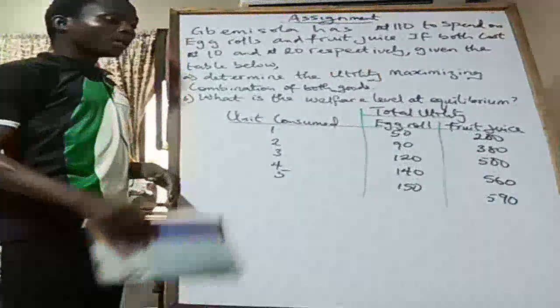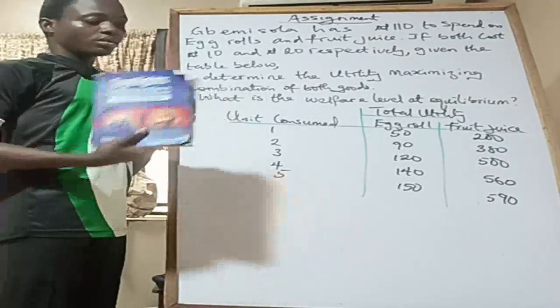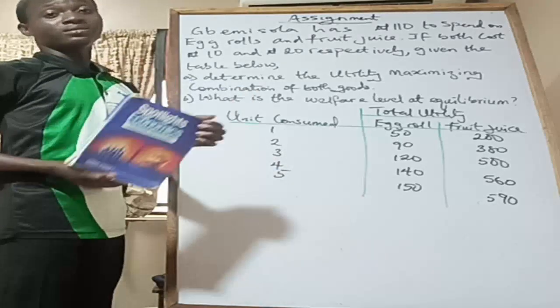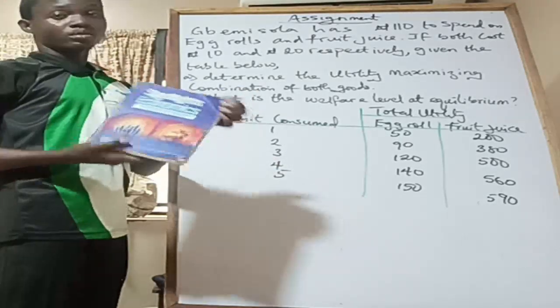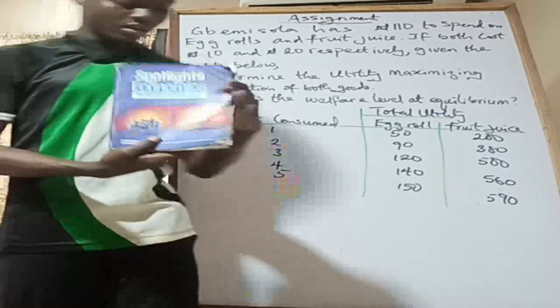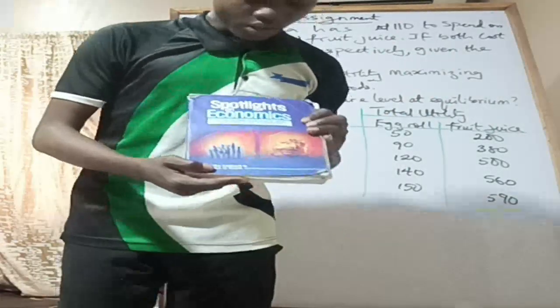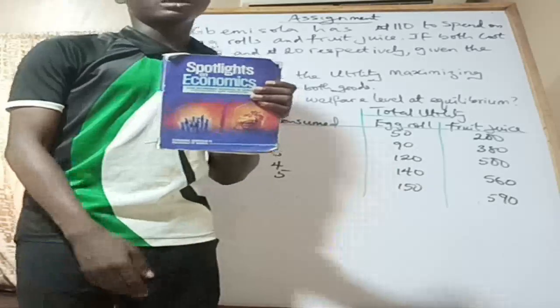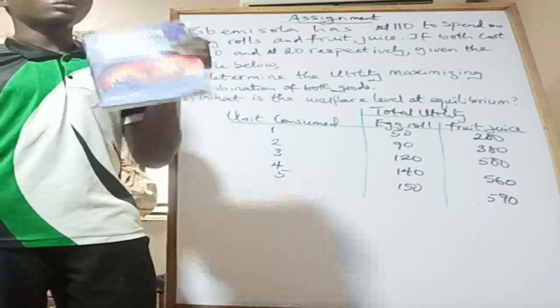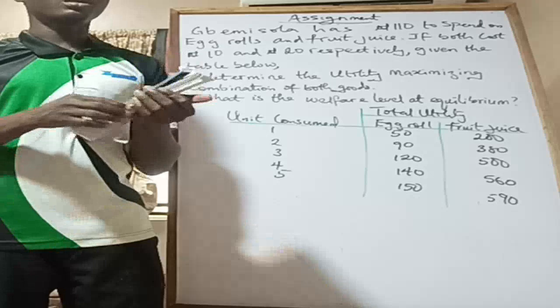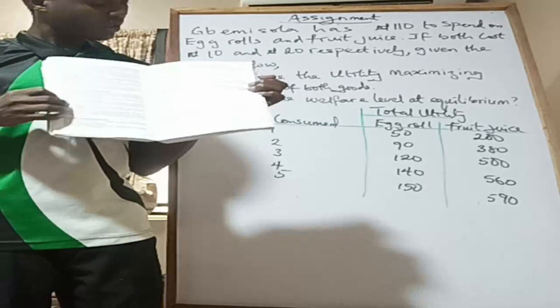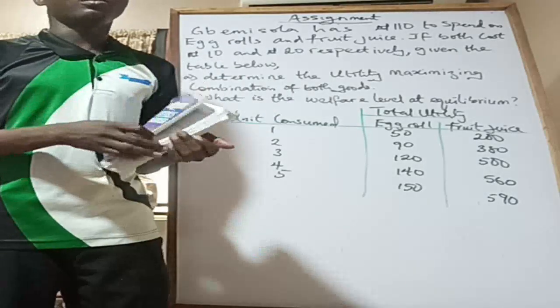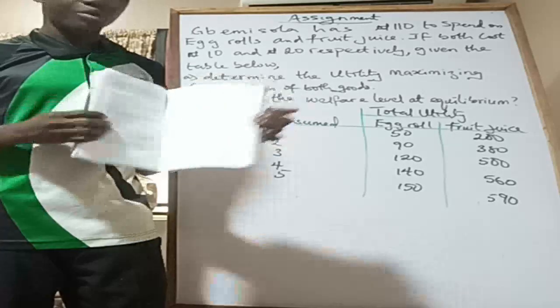A question. Yeah, I came across this textbook. I didn't write it anyway. Spotlight on Economics. It's actually for secondary school students, A level, polytechnic, and universities. And to be very honest, I am recommending it for students in 100 level. I've been going through the content of this book, and for God's sake, this is more than what a high school student needs.